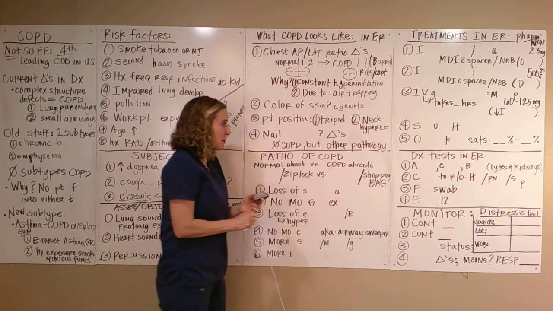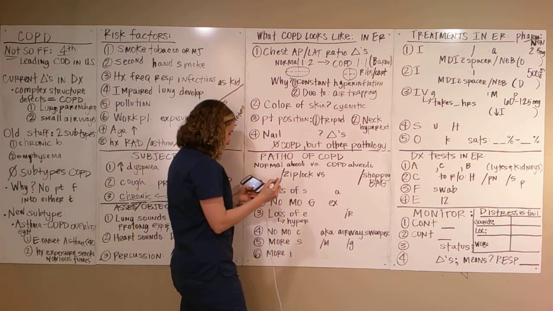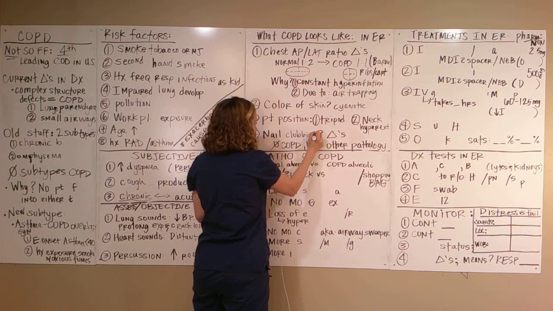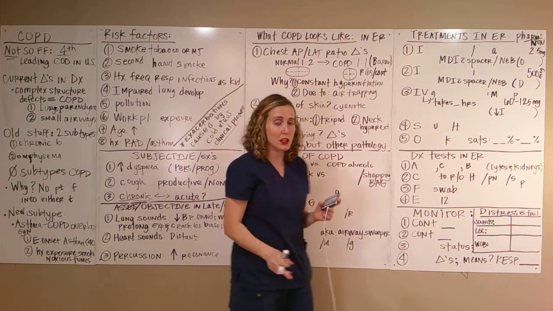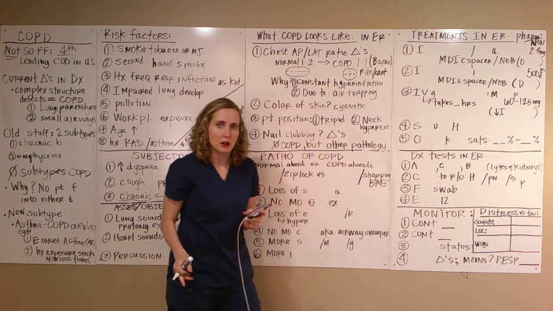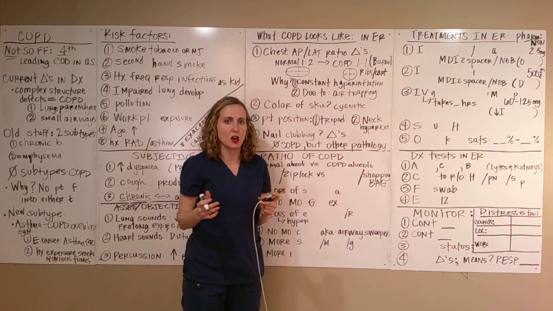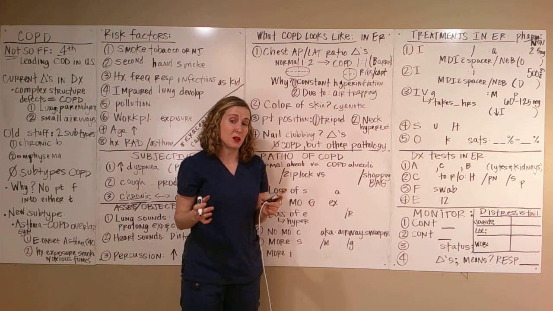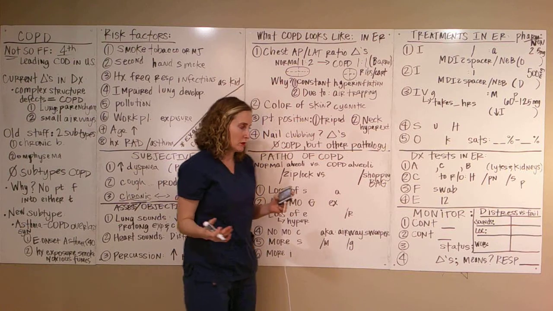Now a lot of people talk about nail clubbing, but recent research and literature is saying that nail clubbing is not COPD, but usually is indicative of another pathology. So clubbing is not considered a common physical characteristic of COPD, but rather some other underlying pathology that you need to investigate further, okay?